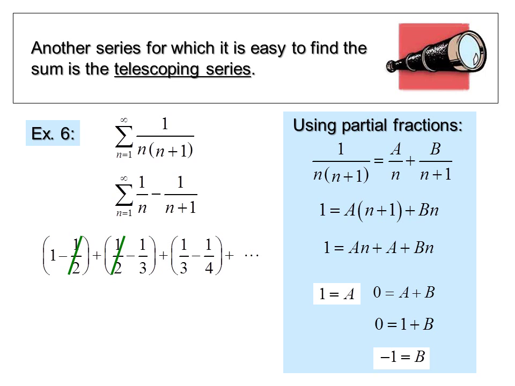We can cancel a negative 1/2 and a positive 1/2, and a negative 1/3 and a positive 1/3. And so the third partial sum is 1 minus 1/4. The nth partial sum would be 1 minus 1 over n plus 1, because we could just keep canceling.